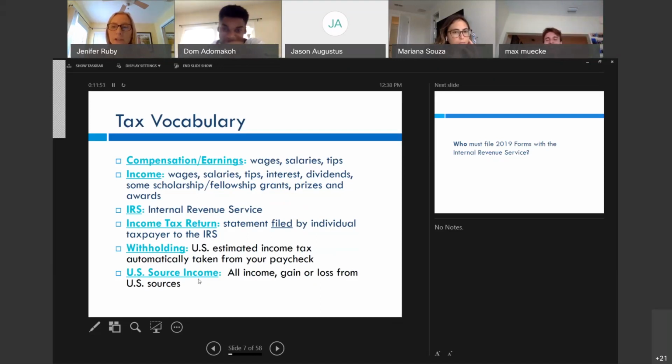So if you had a taxable scholarship, you'll know that you were charged the tax, that is the withholding, the estimate that the school had to make based on your earned scholarship or fellowship, and then they're considered the withholding agency. Again, these are always estimates. That's why we do the return, to do the exact calculation. The U.S. source income is any income from a U.S. source.